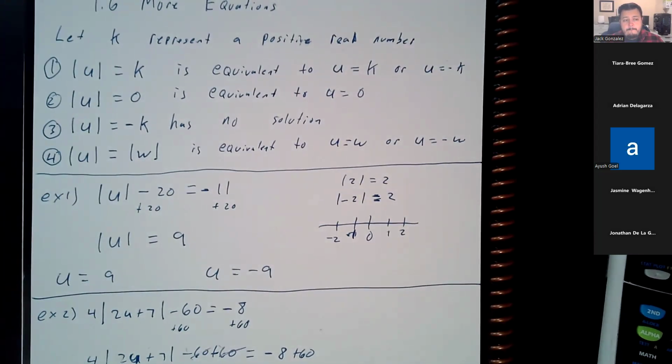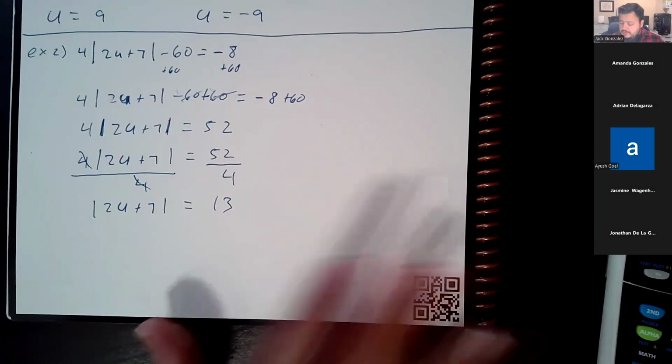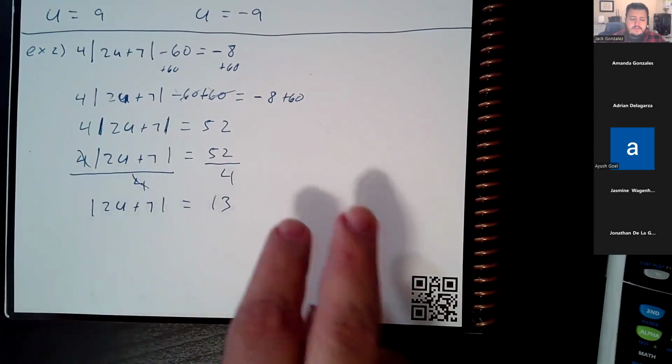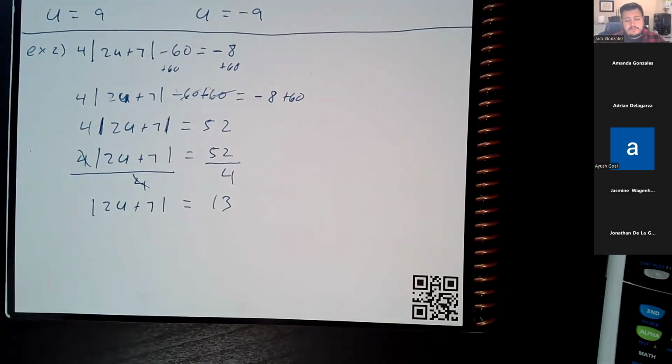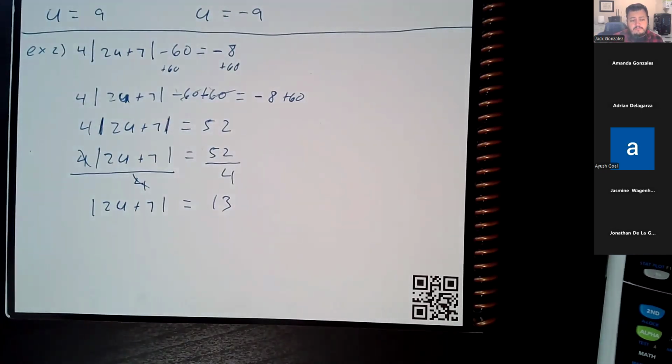You see what I mean? So with these problems, there's always going to be two answers, I would say most of the time. We're gonna have two things to set up. Most of the time you'll get two answers. So removing those bars requires you to create a negative and positive version. Does that make sense?